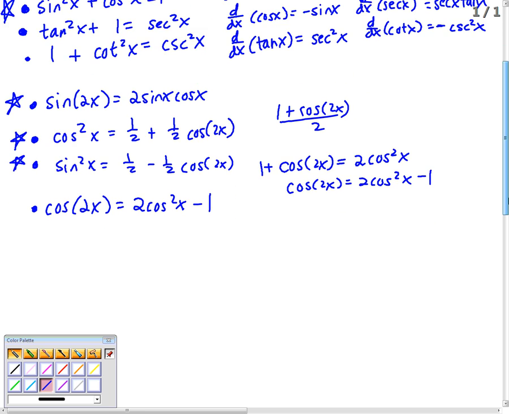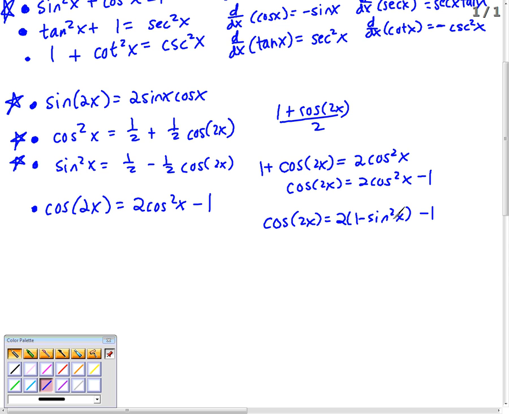Okay. I also know that cosine squared plus sine squared is 1, right? So I can take this one, cosine 2x, and instead of writing cosine squared, I can do 1 minus sine squared. Is that true? Is cosine squared equal to 1 minus sine squared?